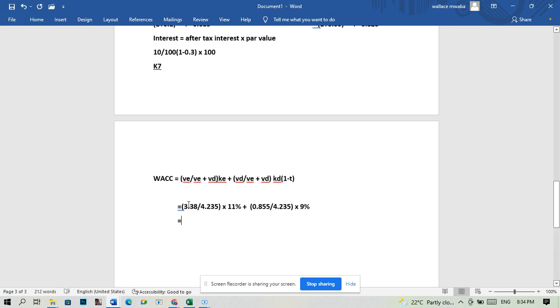So let's do this step by step. 3.38 divided by 4.235. I think we're supposed to get 0.79, if I recall.